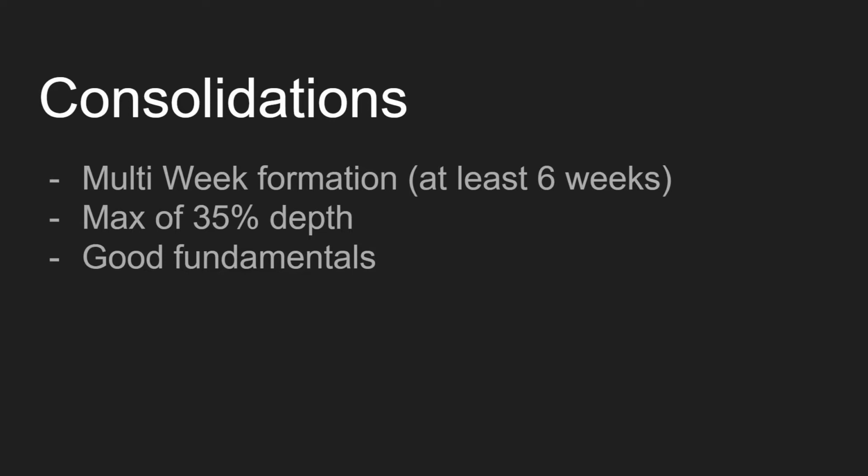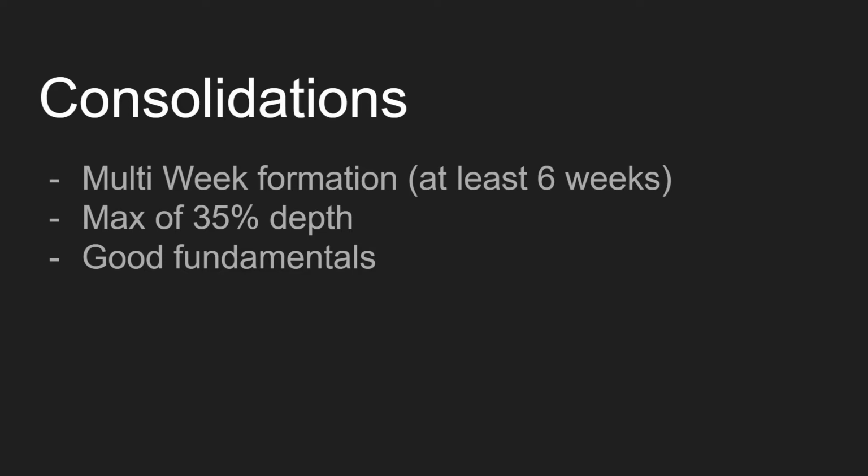So I need a multi-week formation, at least 6 weeks in length, or if we're talking about days, ideally 5 to 8, 9 days. In terms of depth, for the weekly chart, I'm looking for a depth of no more than 35%. How to calculate this, I'll show you on a chart, but it's basically a 35% retracement from the top of the base formation.